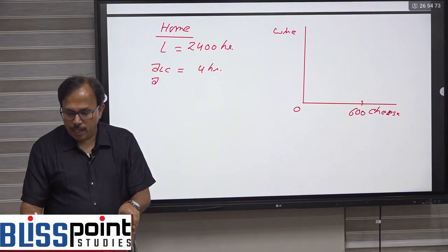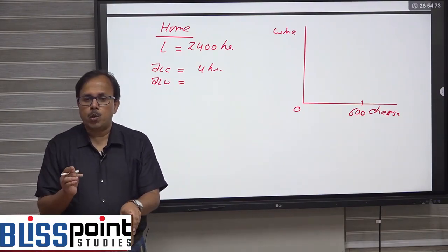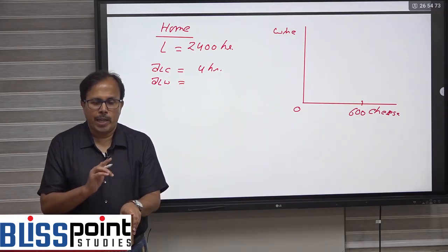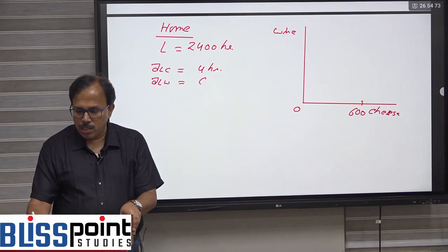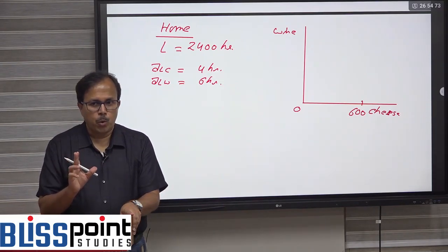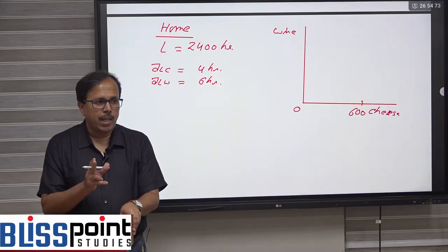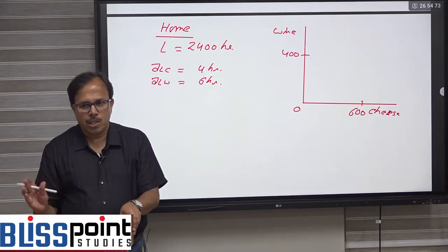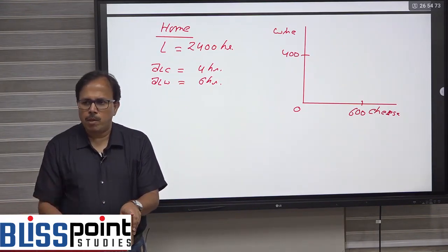Similarly, if I write ALW, unit labor requirement to produce wine in the home country, and if that number is 6 hours, it means it will take 6 hours to produce 1 unit of wine in the home country. So in the 2400 hours you can produce 400 units of wine or 600 units of cheese or many combinations in between.